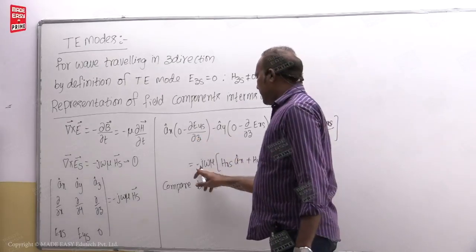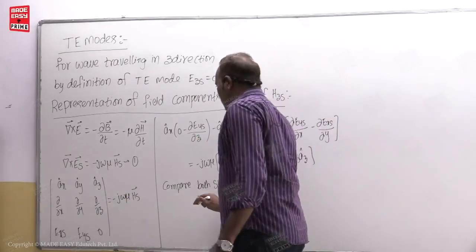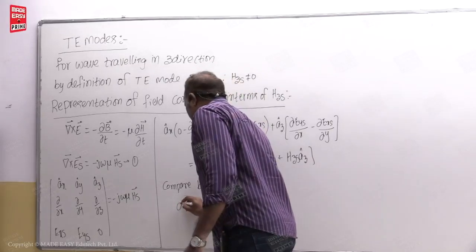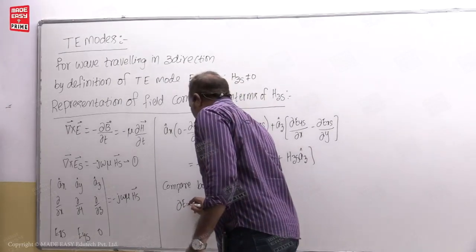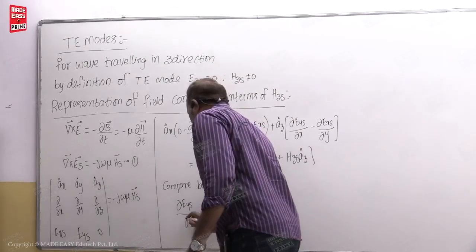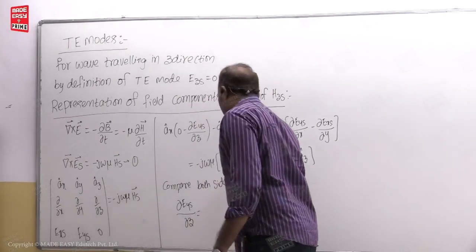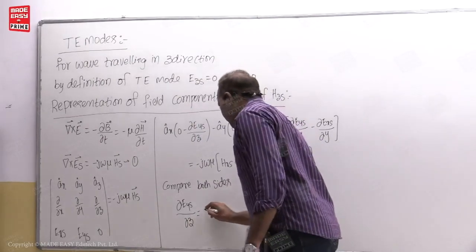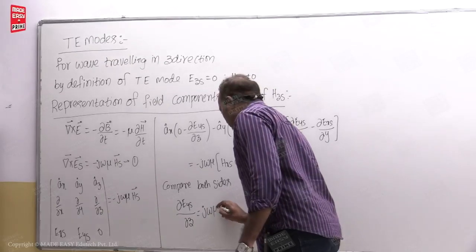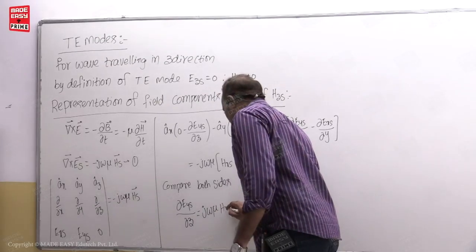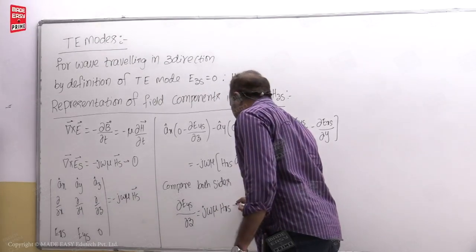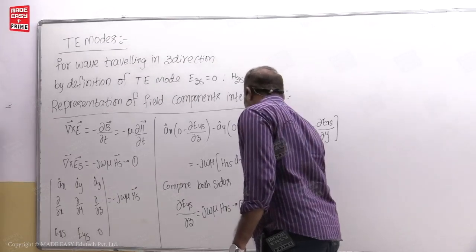Here minus is there, here minus is there, gone. So you got ∂Eys divided by ∂z is equal to jωμ Hxs. So this is equation number 1.